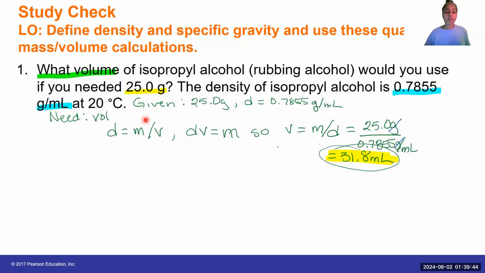Because this is a division problem, and we can't have more significant figures in our calculated value than our measured value with the least number of sig figs. So we've got 3 sig figs here, and our final value has to have 3 sig figs. Again, we don't use our conversion unit to help us determine the number of sig figs.